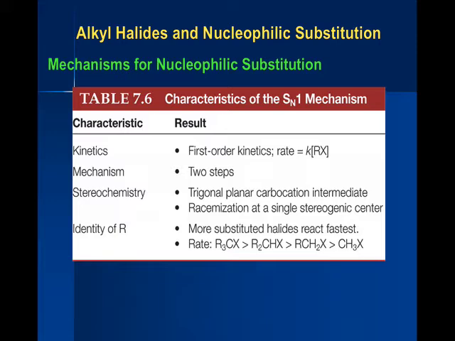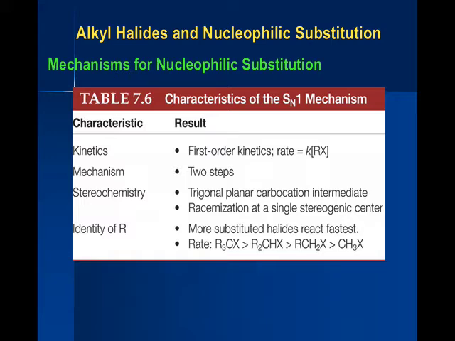So in SN1 chemistry, we can actually see racemization or partial inversion, right? Because the nucleophile would prefer to come in from the opposite side of the leaving group, but sometimes it'll come in from the same side as the leaving group. And so it's not going to be 50-50.